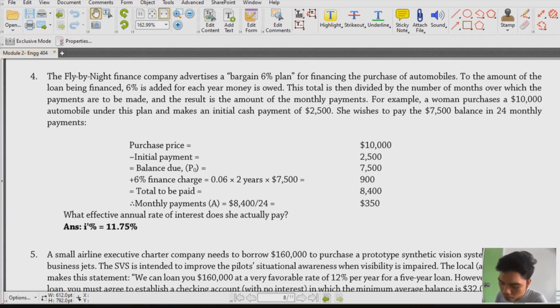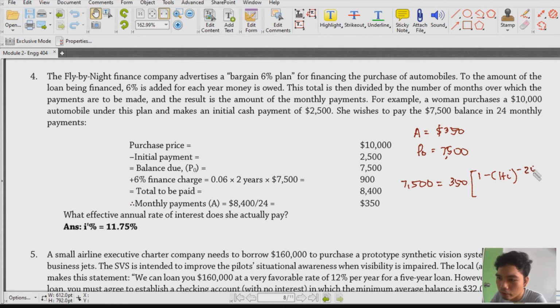So in short, the most important thing that we have to remember here is only the monthly payment, that is $350, and then the balance due, which is actually P0, that is equal to 7,500. So what is the effective rate of interest that she actually pays? With this, we can just equate that 7,500 is equal to A, so that's 350, times the quantity 1 minus 1 plus i raised to negative, how many payments do we have?